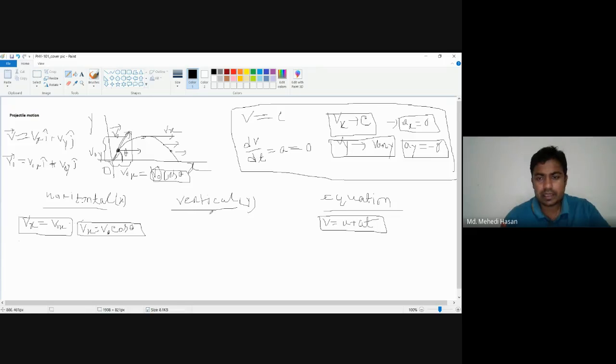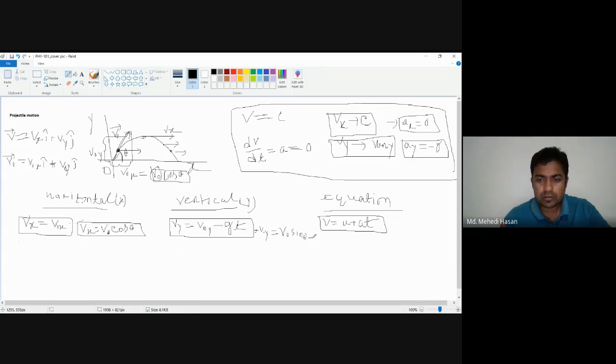Then vertically you can write this equation like that: vy equal to v naught y minus, since acceleration along the y direction is minus g, gt. So vy equal to v naught y minus gt, or vy equal to v naught sine theta minus gt, because v naught y is v naught sine theta.